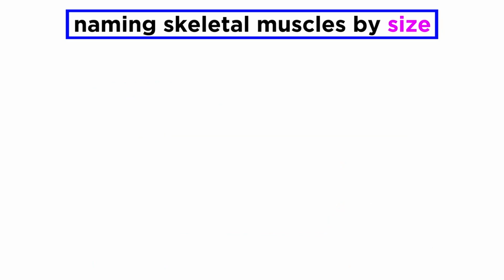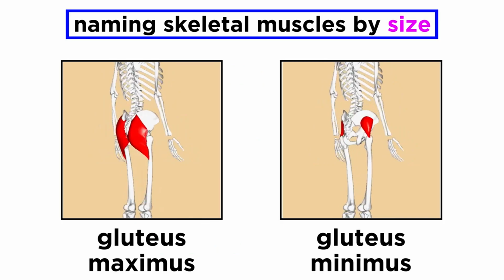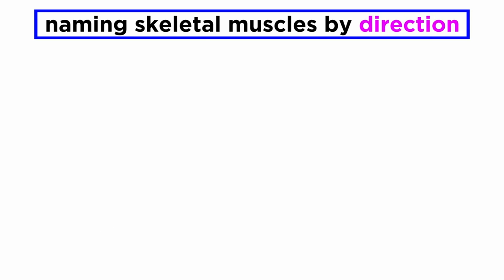Then muscle size. We will see words like maximus, minimus, longus, and brevis in a number of muscles, and these mean that the muscle is large, small, long, or short, respectively. Examples include the gluteus maximus and the gluteus minimus. Next, the direction of muscle fibers.